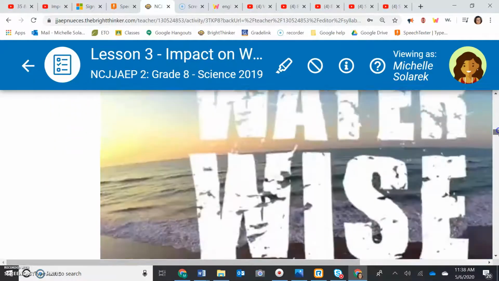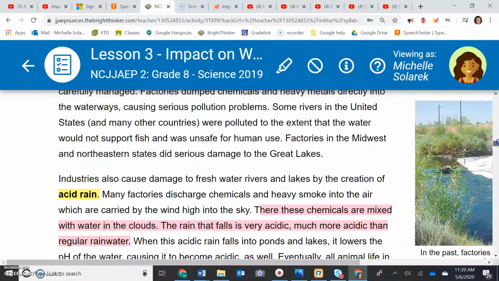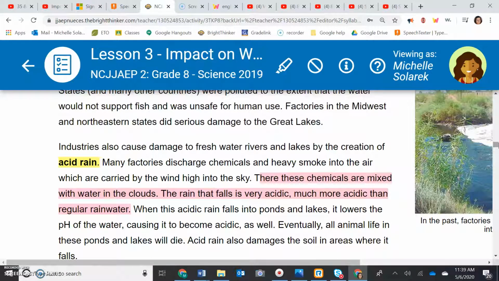Okay, moving right along. Now we know what wrecks the water. Let's take a little look at that. So there are these chemicals, and they get mixed with water, and they go high into the sky, then they go into the clouds. Now, as this water drops back out of the clouds, that's called precipitation, the water is ruined.